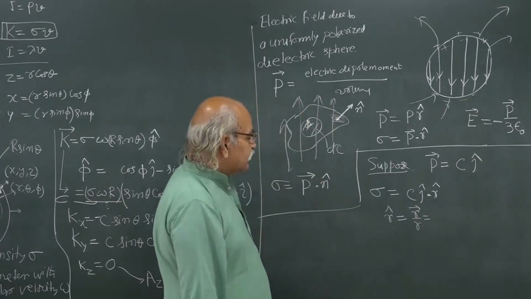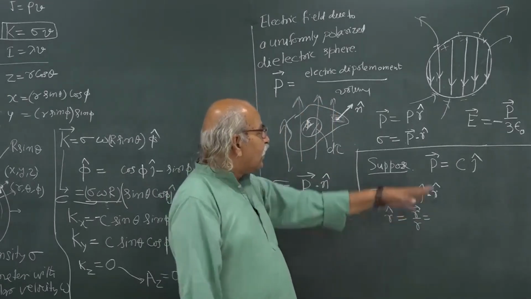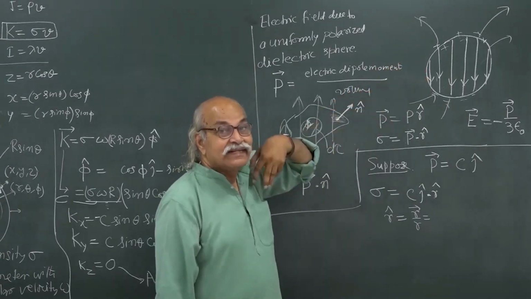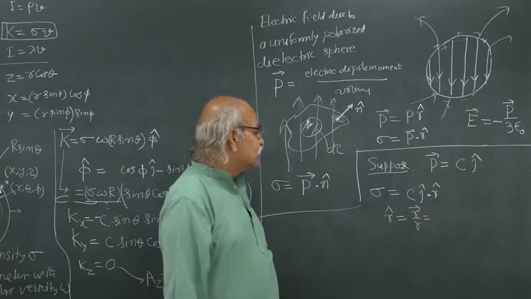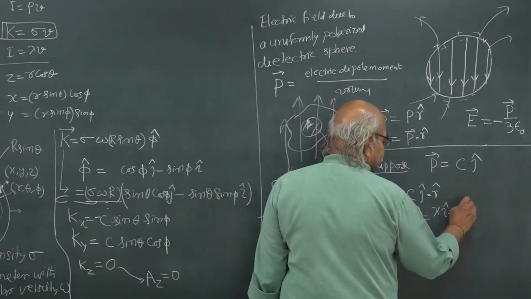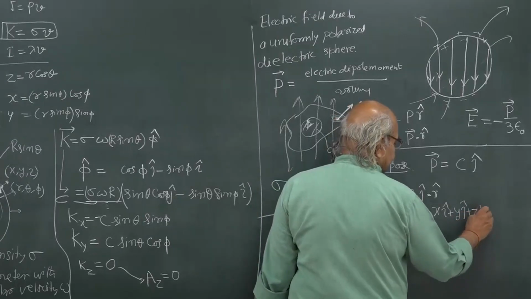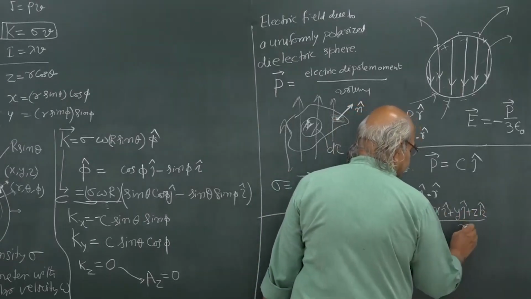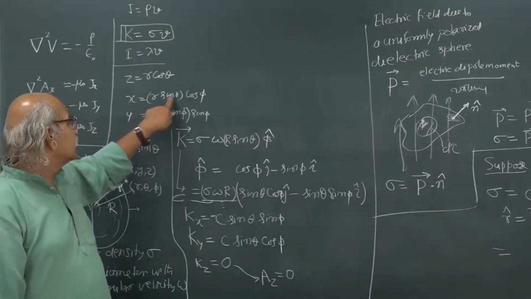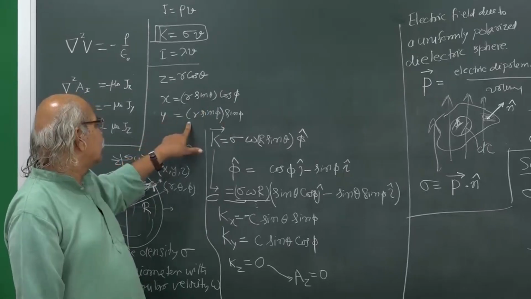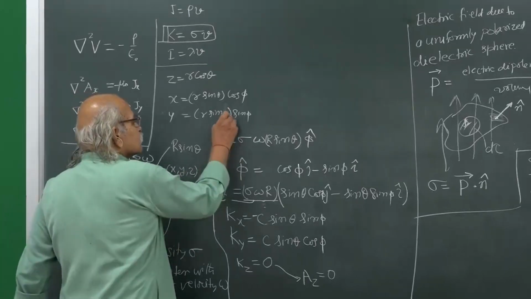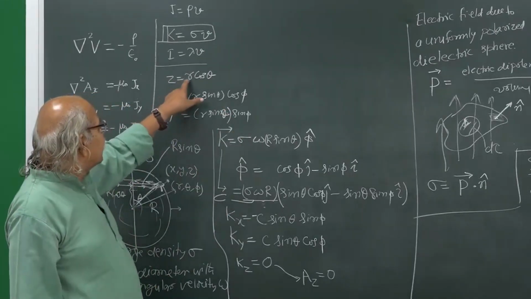At any point, r cap vector is r vector in the direction of r vector. R cap is always in the direction of r vector, and so it is this: x i cap plus y j cap plus z k cap divided by r. And remember, x is r sin theta cos phi, y is r sin theta sin phi, and z is r cos theta.